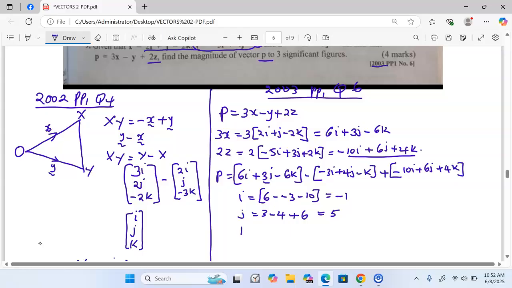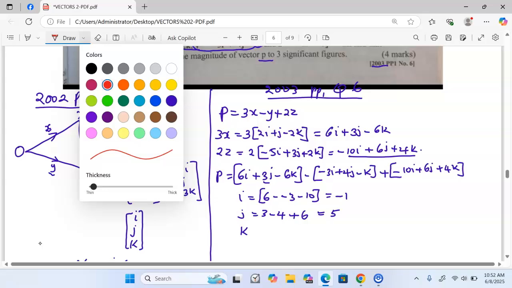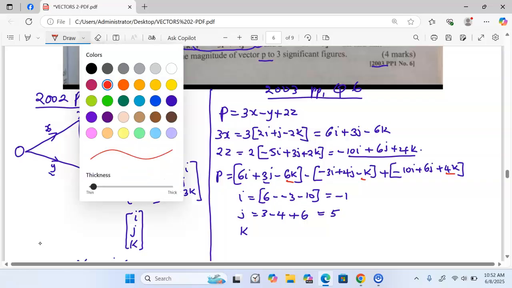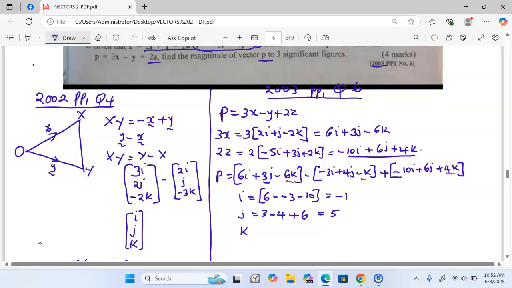We now go to k. You sum up the values of k, that is negative 6, negative 1, and positive 4. So we are going to have negative 6, then minus minus k, which is the same as plus 1, and finally plus 4.